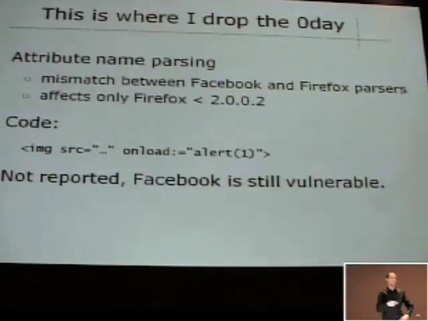And onload colon, because they use blacklisting for attributes, does not match anything that's on the blacklist. Only onload is on the blacklist. So they will let this attribute through, and they will print it out. When the Firefox browser parses this, it will see it as an onload attribute, and then it will execute the JavaScript that's inside it.